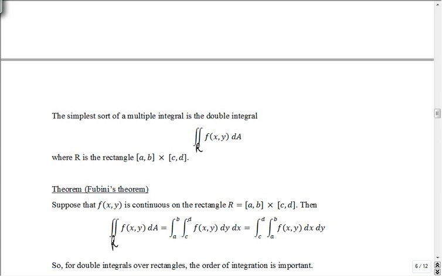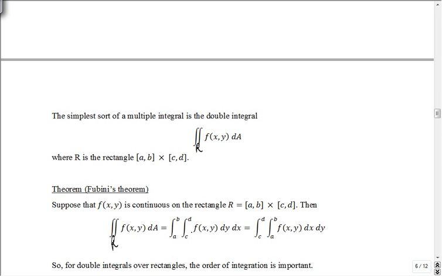A to B, C to D of f of xy. Now look, I have changed the dA to dy dx. Note, the A to B goes on the outside as the outermost integral, and that is for the x-axis, so make sure you put dx outside.